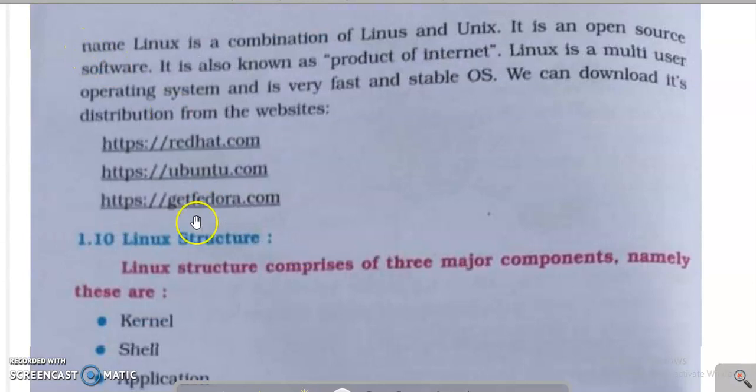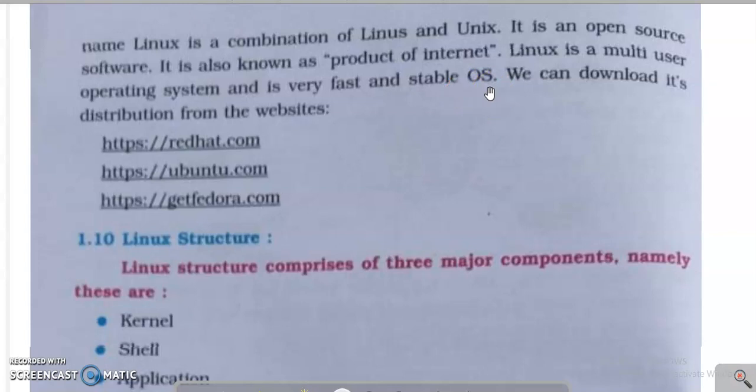As already told, Linux is open source software, and it is also known as the product of the internet because the internet is used to download lots and lots of software. The most powerful software that we can download from the internet and that is free is Linux. That is why it is called the product of the internet. Linux is a multi-user operating system and is a very fast and stable operating system. So multiple users can work in the operating system.